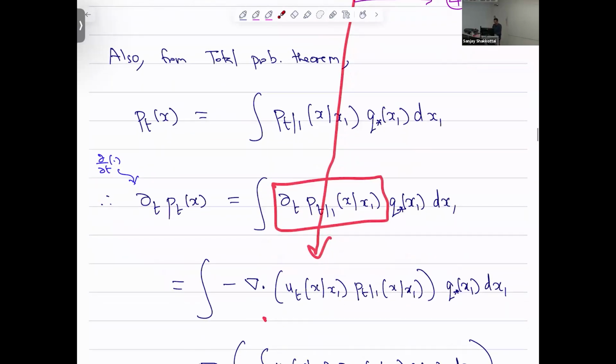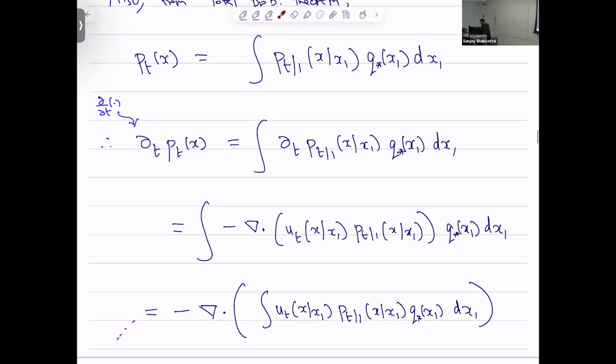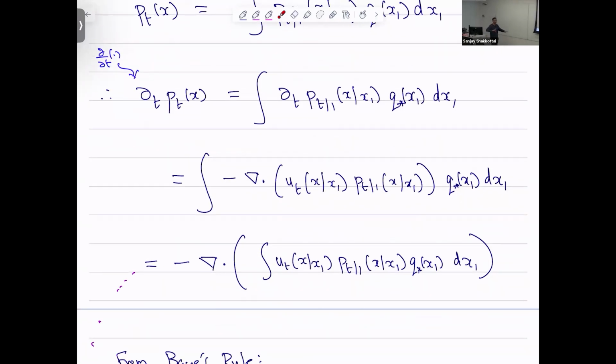And now you can easily check that the divergence can pop out. Because the divergence is basically nothing but a summation of derivatives, and so you can exchange the integral and those derivatives. That's not a problem. I'm going to assume everything is nice, integrable, all these swaps work out and all that stuff. Okay, so we can pull this out, which says that the time derivative of the unconditional density is nothing but the negative divergence of this.